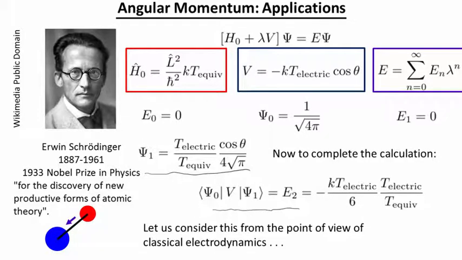Maybe this number doesn't mean anything in and of itself, but let's ask what it means from the standpoint of classical electrodynamics. As we'll see, this describes a very important quantity, the polarizability of the molecule.